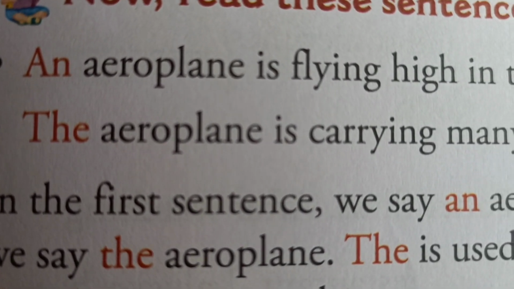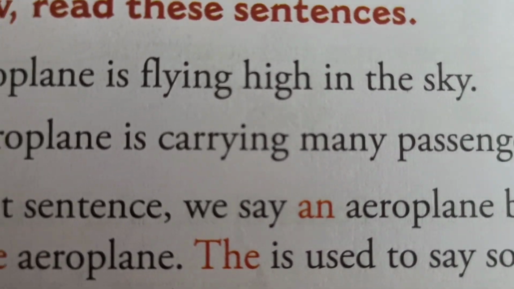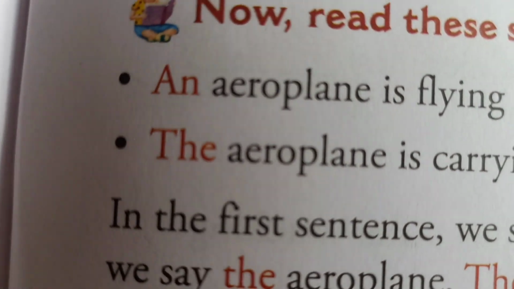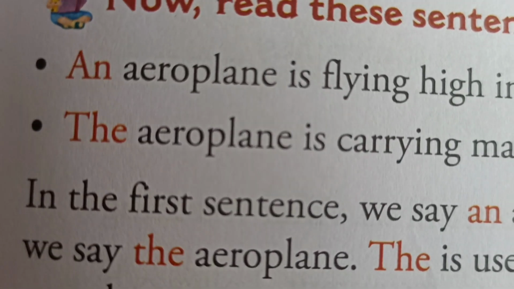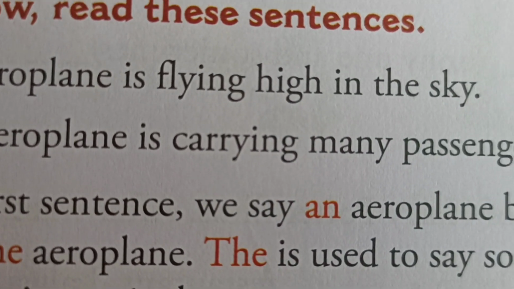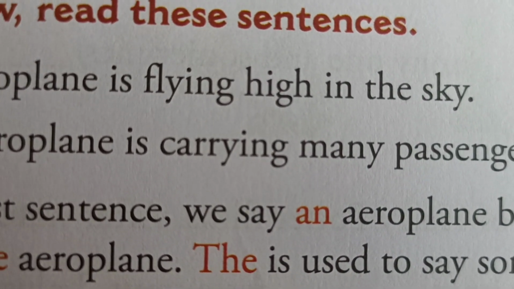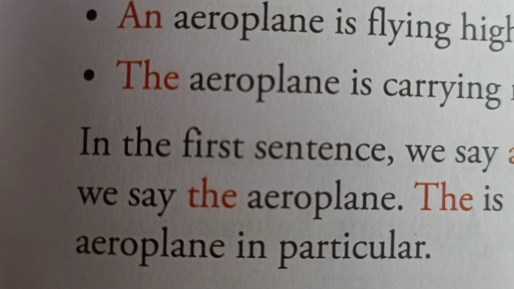An aeroplane is flying high in the sky. This one is about aeroplane. More information is given here. How is the aeroplane flying? High in the sky. Flying high in the sky. Okay. Next.